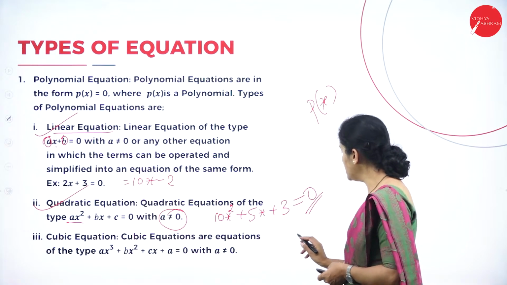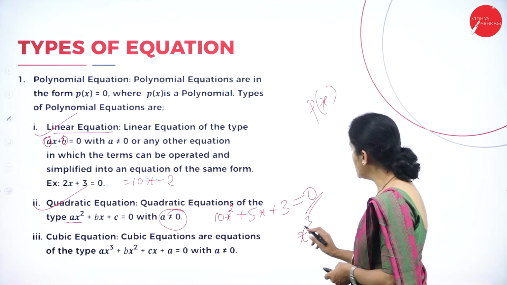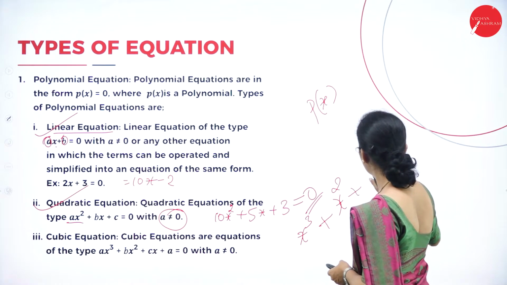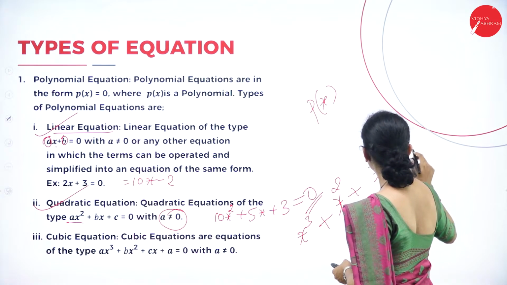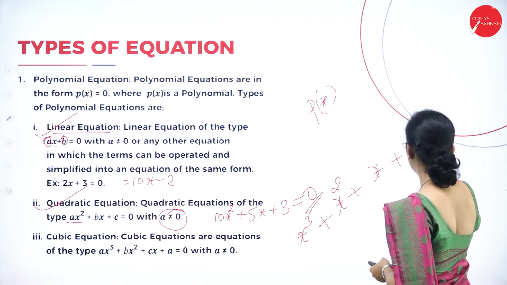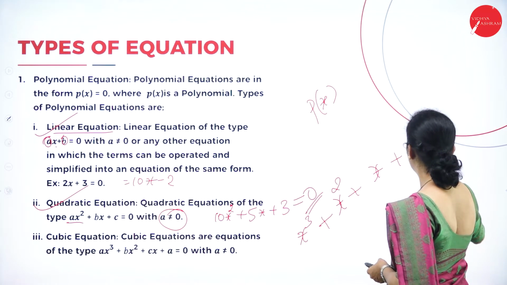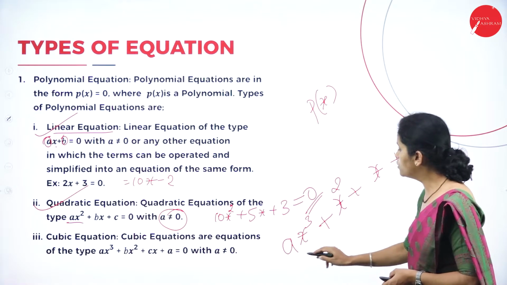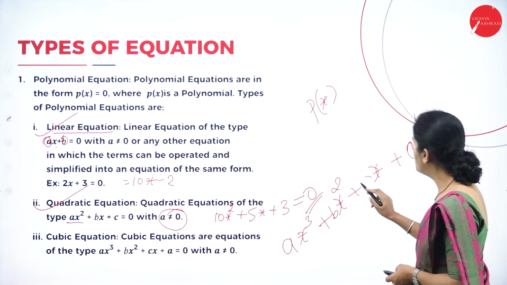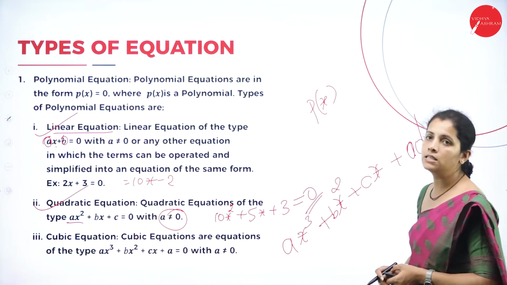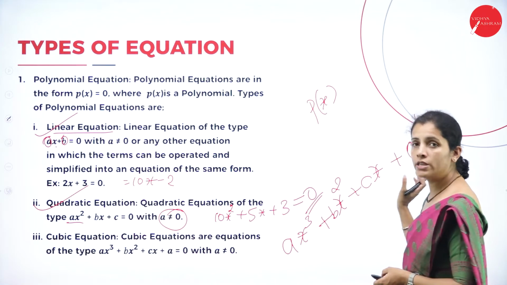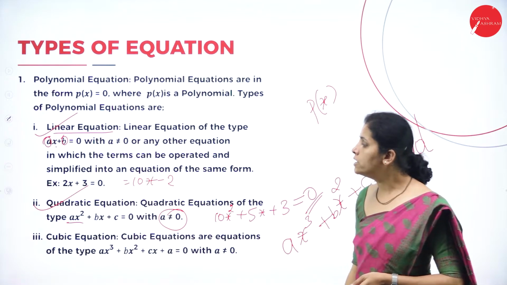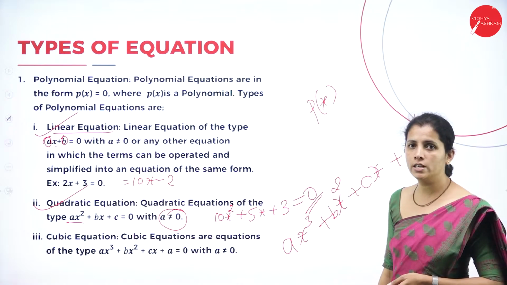For example, x to the power 3 plus x square plus x plus some constant value, say 10, or I'll make it d. So it is ax cube plus bx square plus cx plus d equal to 0. This kind of equations are called cubic equations.